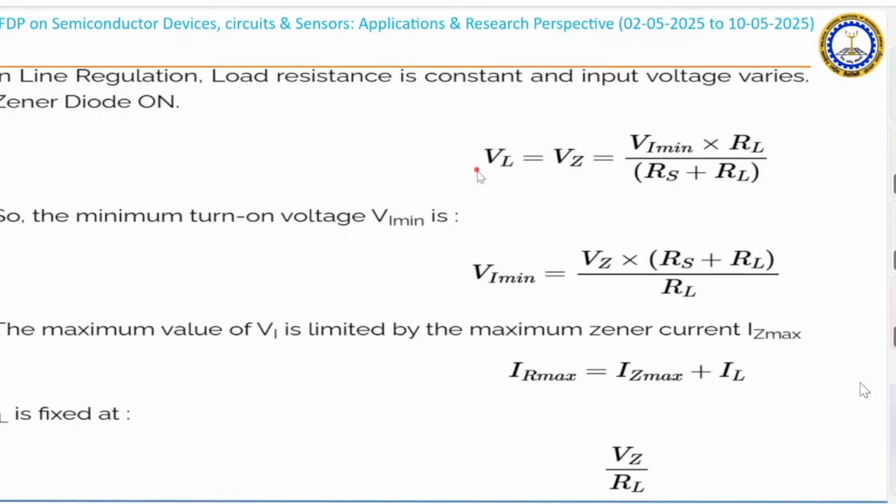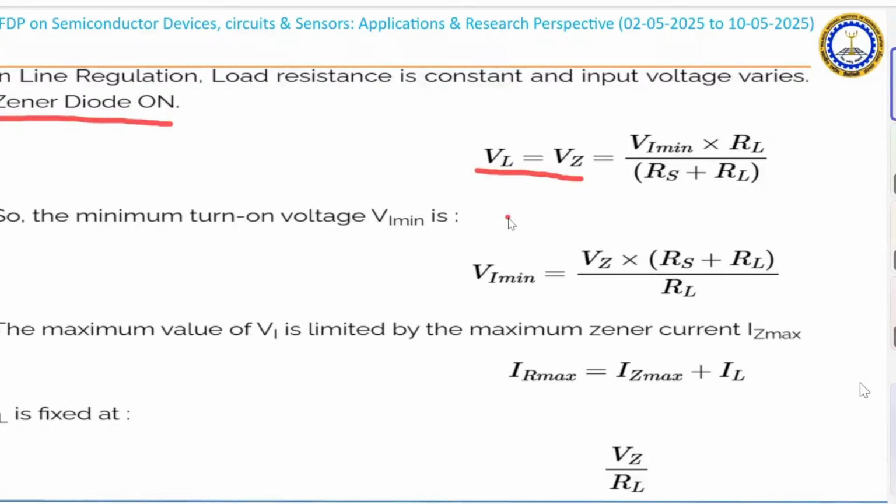See, load voltage is equal to VZ voltage, if your input voltage was more than your VZ voltage, right? If the Zener diode is on, then the load voltage is your VZ voltage.